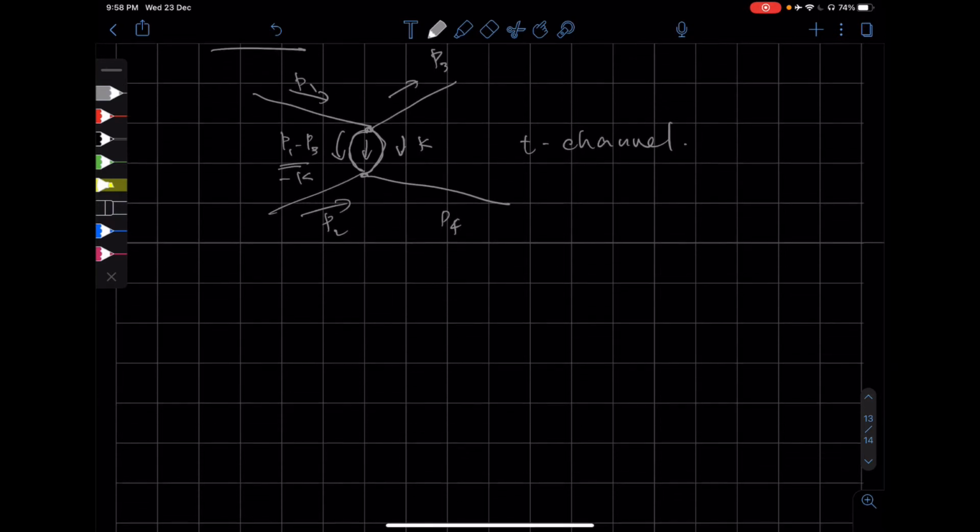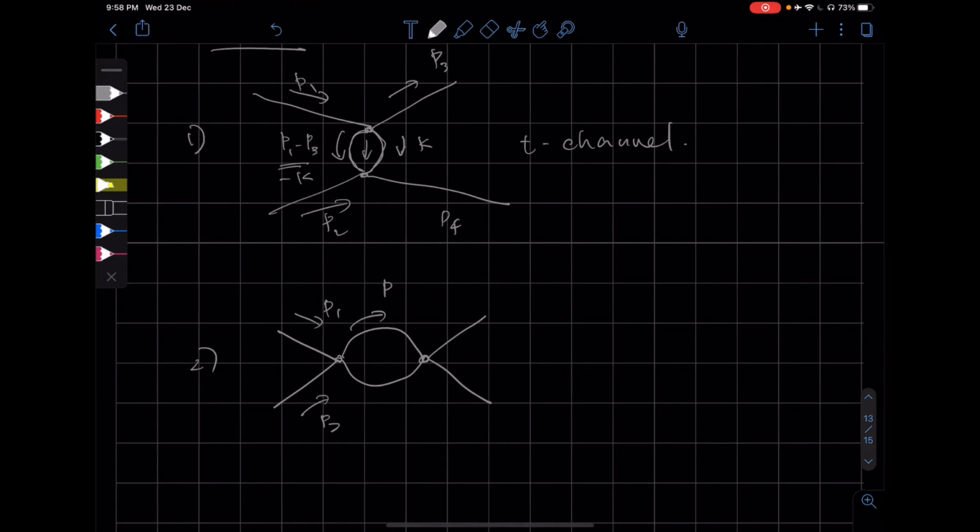So that is one possibility. The other possibility is where P1 and P2 come in and they meet at the same vertex, and the two internal propagators go like this. So here we have total momentum going through the channel of P1 plus P2, but it can be divided up into different parts like so.